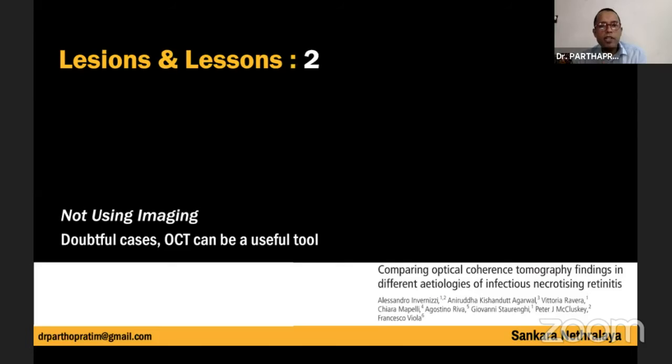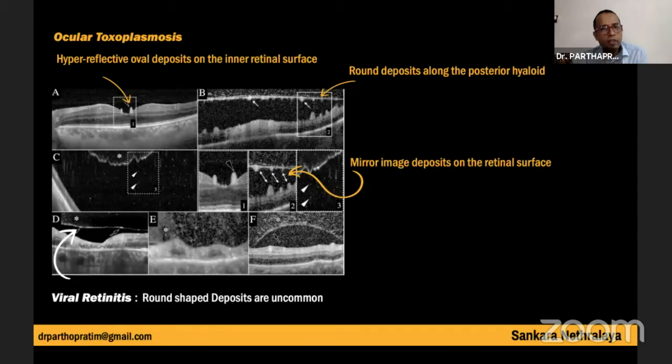The number 2 is not using imaging. You have to use imaging in doubtful cases. The OCT can be a very useful tool. This is a very interesting article, and I'll request all ophthalmologists to go through it. This article has given some important points to differentiate between toxo and viral retinitis. Ocular toxoplasmosis is characterized by hyperreflective oval deposits.